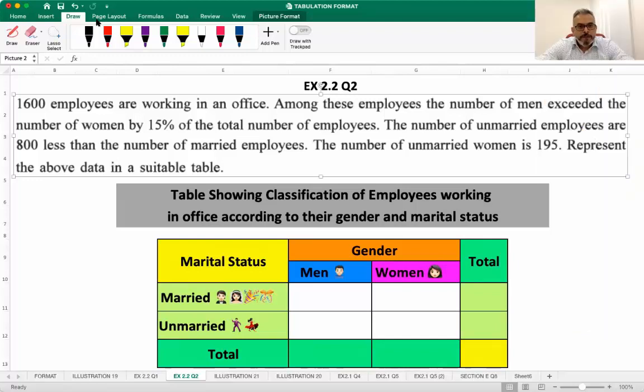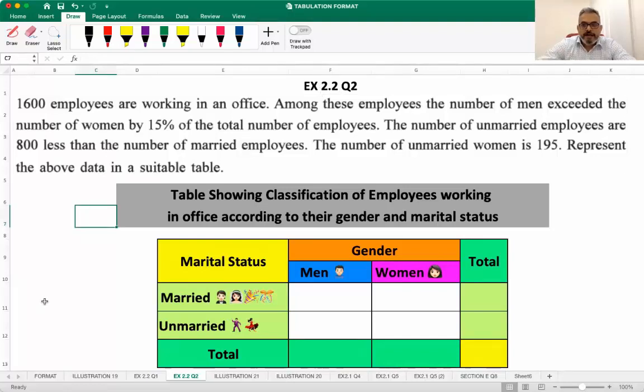Nothing to worry. Now, over here, 1600 employees are working in an office. So first, let's mark 1600 employees. Among these employees, the number of men exceeded the number of women by 15% of the total number of employees.